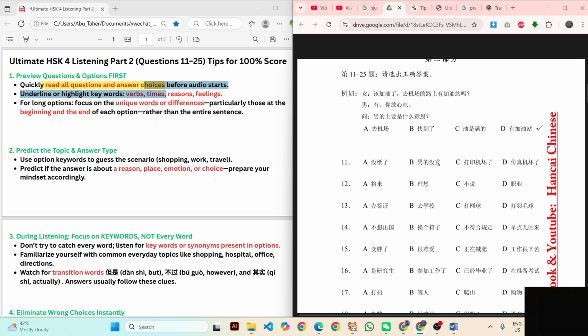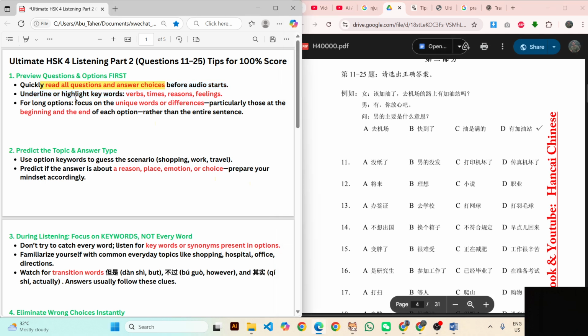Here, which one? Fa. This is an important keyword for you. And then nan. They are keywords, but first you have to remember the verb, and then if you can, you can also remember the noun.